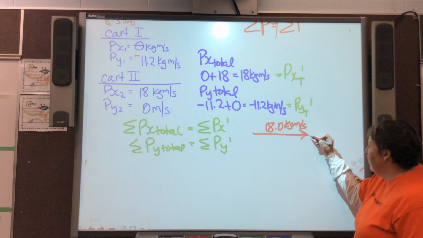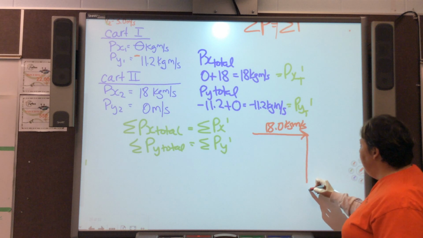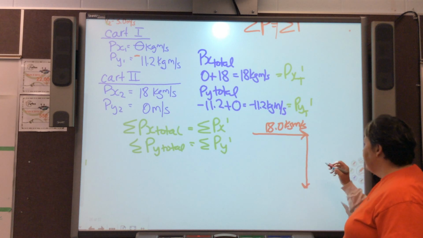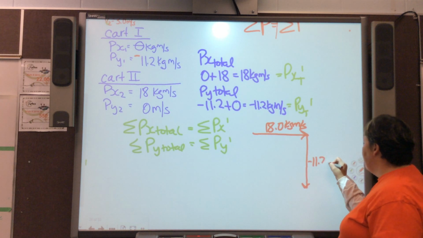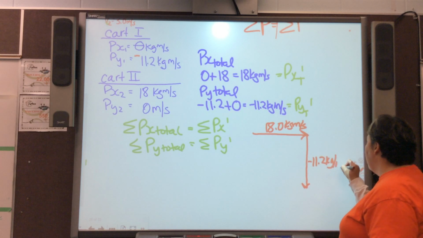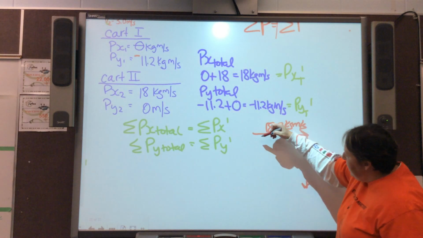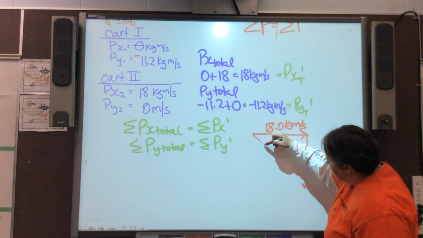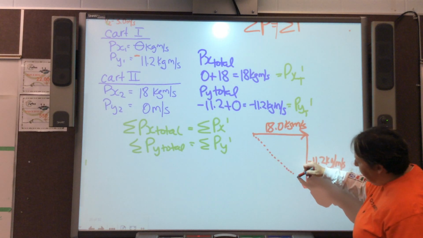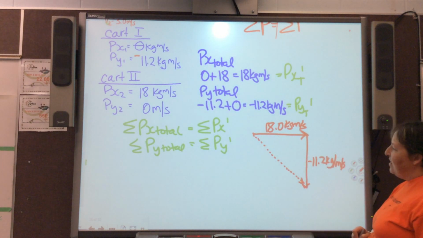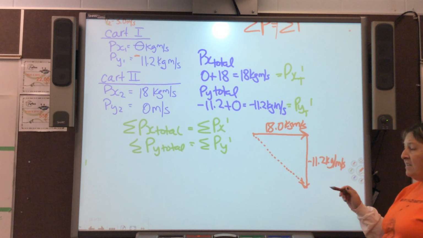Down. So remember we do tip to tail. So the resulting vector that the carts travel after they collide is going to be in this direction.